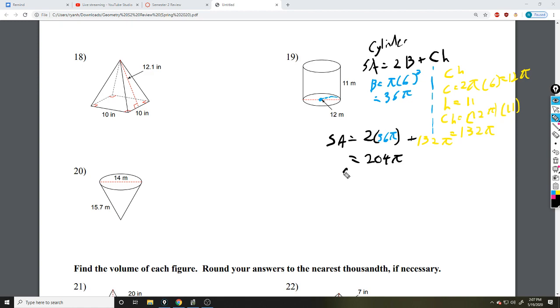And so if we want to round it, that's going to go to 3 decimal places. 204 pi is going to be, let's see, 640.8849. So let's round that. We're going to round that up to 885 meters squared, since surface area is still an area.